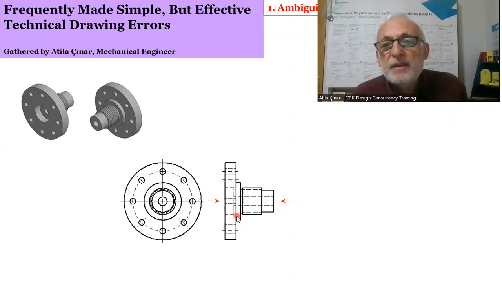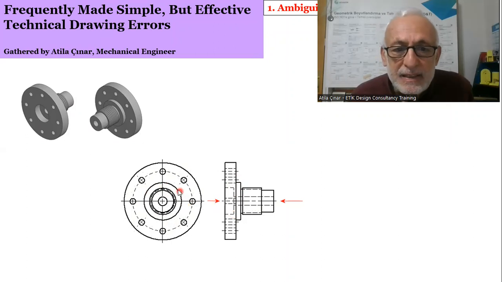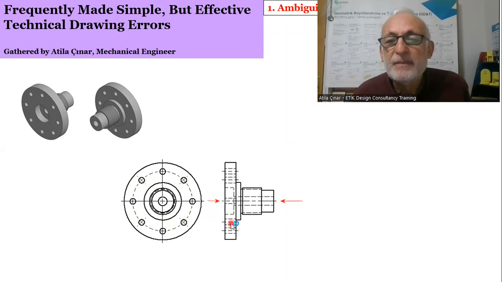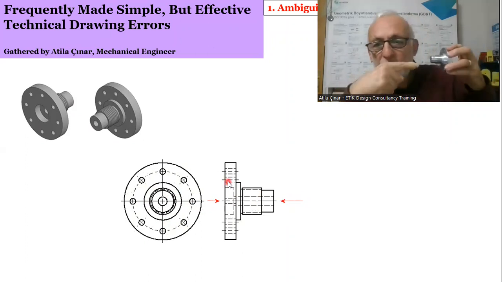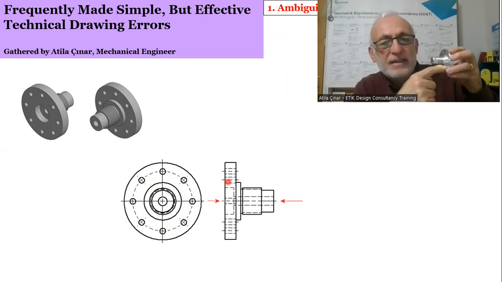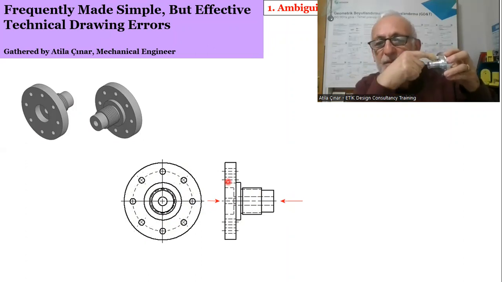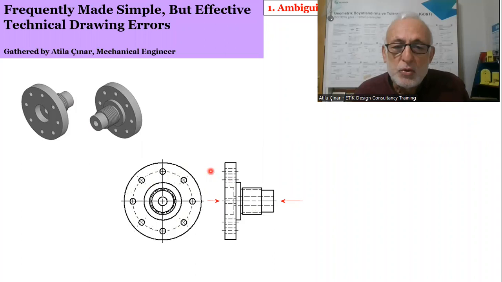It is easily seen that this circular line belongs to the cylinder here. So when we can see the line as bold, we can see the cylinder, obviously, from looking from here. If you look from this side, we can see this cylinder obviously. So this view of the part is the projection looking from this side.